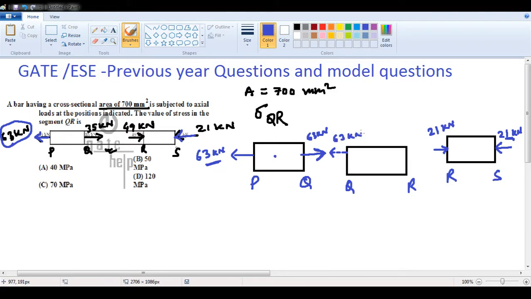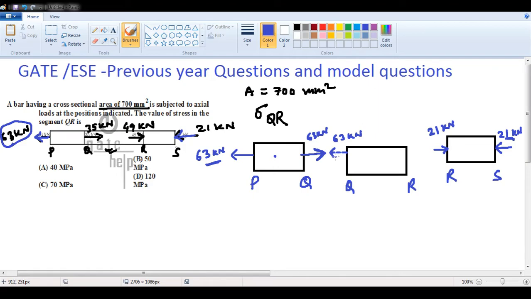It is just like if I push you with 63 kilonewton, you will also try to resist with the same load. So if the load given by PQ to QR is 63 kilonewton, then the resistance by QR is 63 kilonewton, equal and opposite in direction.